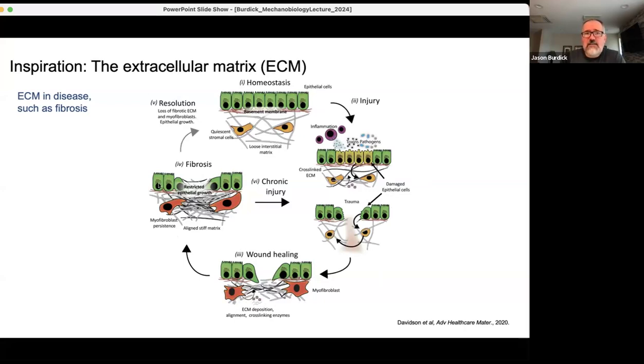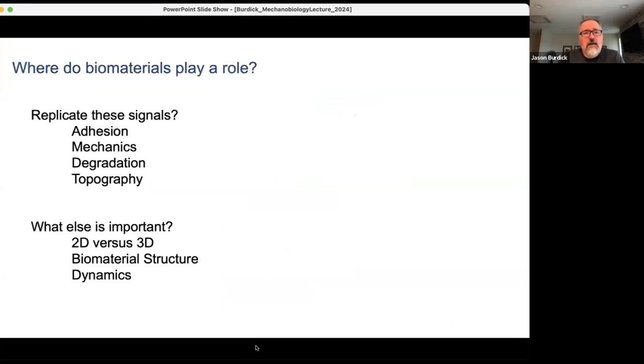And in some tissues, this can resolve. So again, you might see a stiffening during this fibrosis and then a softening behavior in some cases when that changes. So that's where maybe some of the dynamic materials are of interest in mechanobiology. And we worked quite a bit over the years with Becky on these types of platforms.